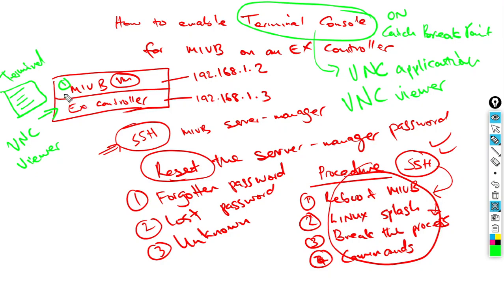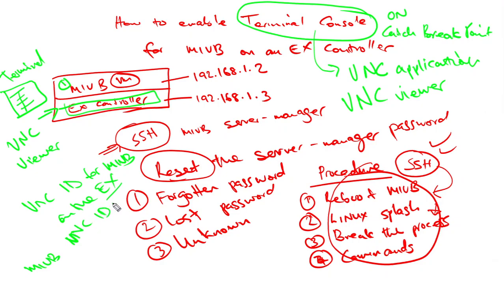But by default, VNC is not able to open the terminal for MiVoice Business until you log on to the EX controller and set a VNC ID for MiVoice Business on the EX. When you log on to the EX, you are going to see that MiVoice Business is running with a VNC ID of -1.